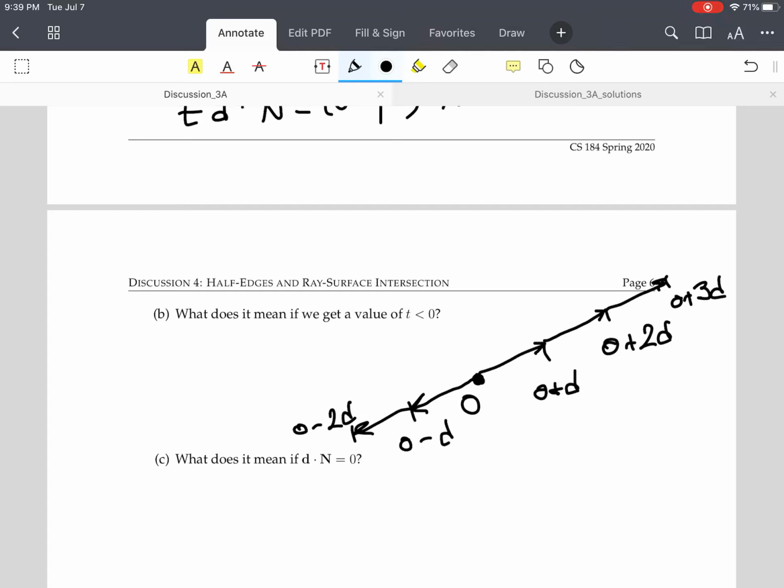So what does that mean? That means that getting a value of t less than 0 means that this intersection is happening behind the ray's origin. Essentially, the ray is moving in the opposite direction, and this intersection is behind it. So that means if you get a value t less than 0, it's not a valid intersection.